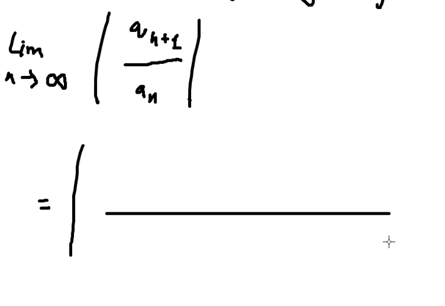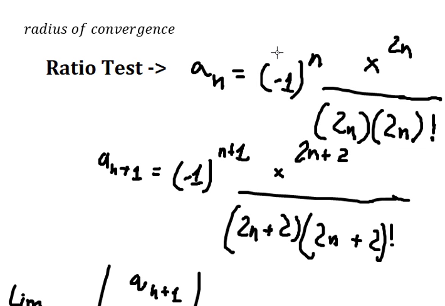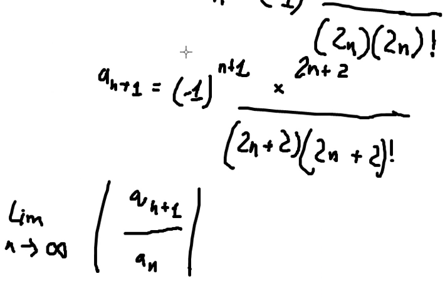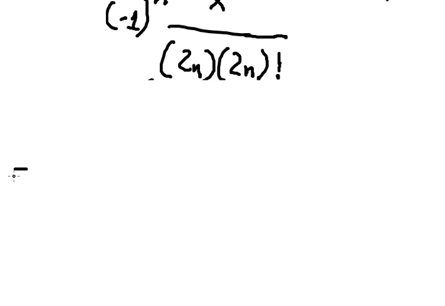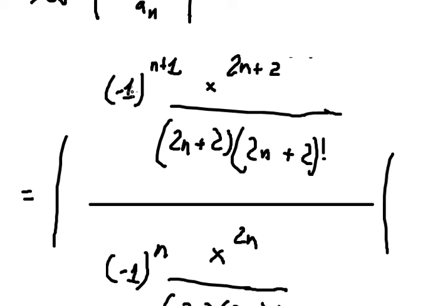Because I will put this one in here, and this one in here. So in this case, if we simplify, positive or negative, we can cancel this one because it is inside the absolute value.